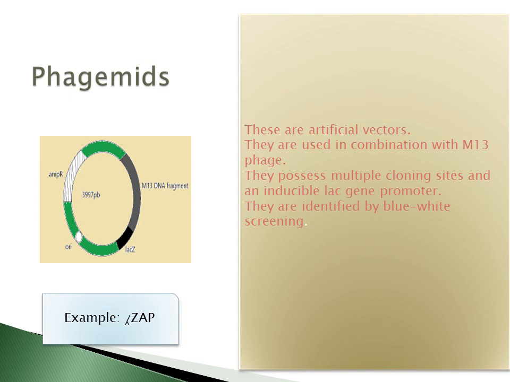Similarly, we have huge vectors in size comparison that can clone very large segments of chromosomes, and these particular chromosomes are used in the field of cloning.